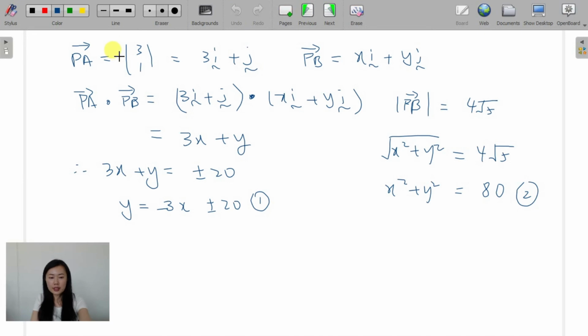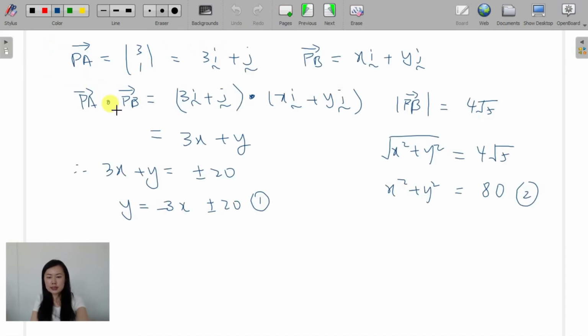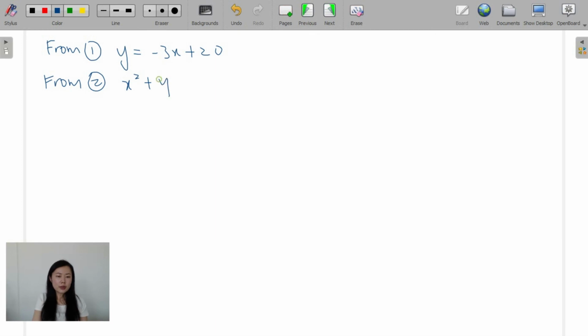So we've got y equals minus 3x plus 20. So we're going to do them one pair at a time. And 2 is x squared plus y squared equals 80. Okay, so substituting. Now feel free to pause the video and just try that on your own.